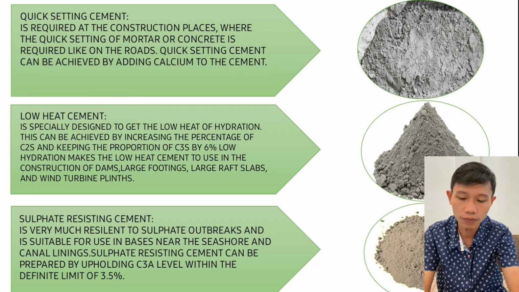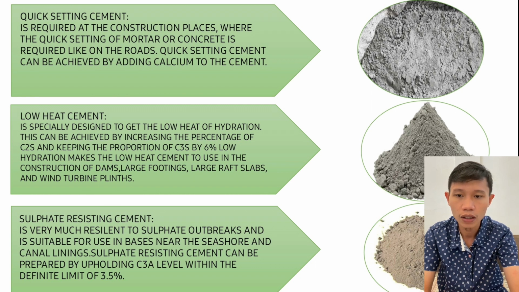The fifth type of cement is the low heat cement or LHC. LHC is majorly used in constructing dams, large footings, large raft slabs, and wind turbine plinths, and the advantage of low heat cement is assisting in minimizing the potential for thermal cracking in thick concrete sections. And the sixth type of cement is the sulfate resisting cement.